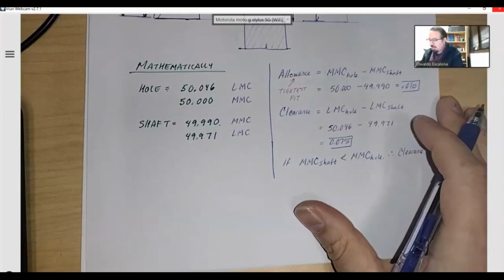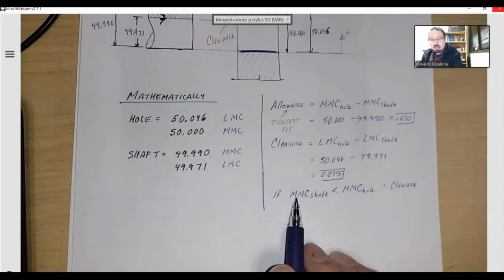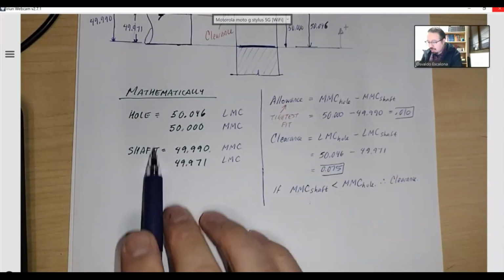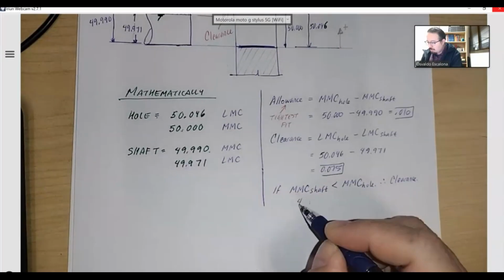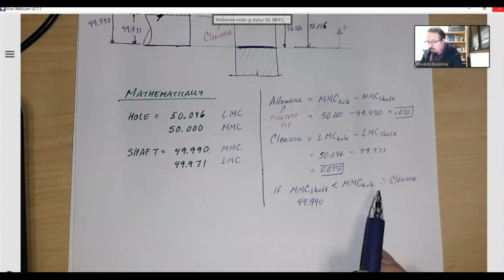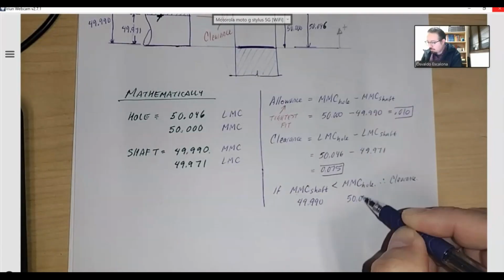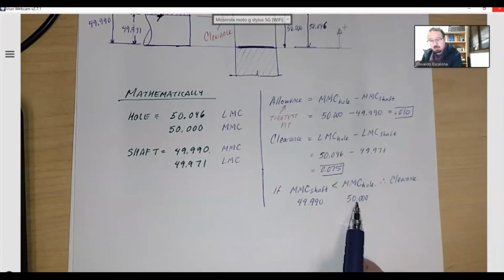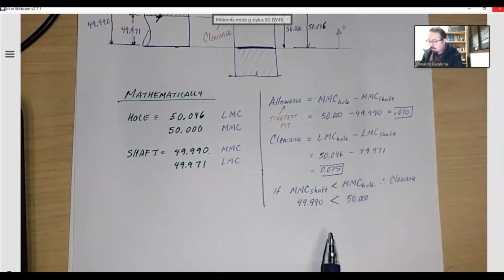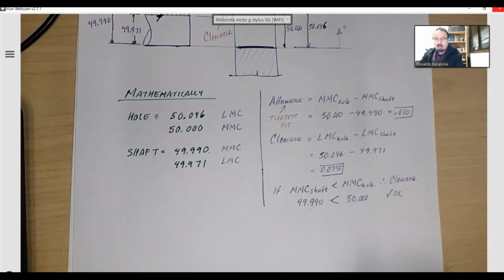Let's find the shaft MMC, which is 49.990. Looking at the hole, MMC is 50. Which one is bigger? The hole is bigger. Therefore, this is true, and I have a clearance fit.